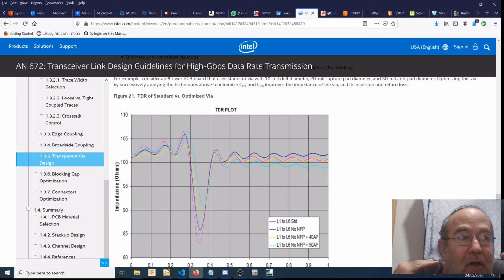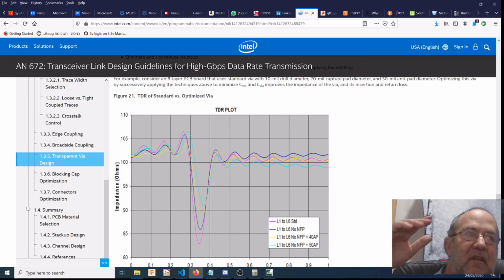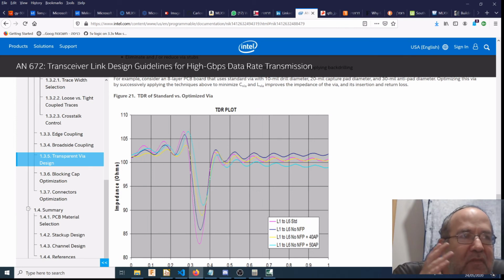Now, as long as the trace is moving on the top layer, this trace has a reference layer below it. And assuming my internal layer also has the same impedance, I want to create a via from top to middle.